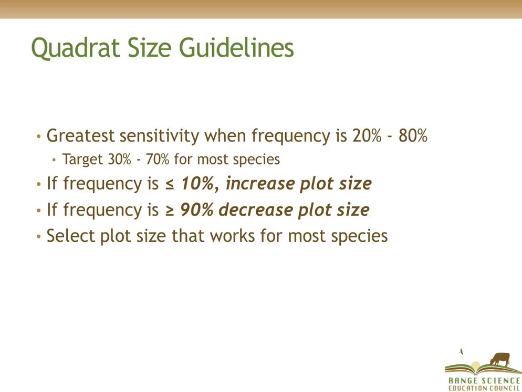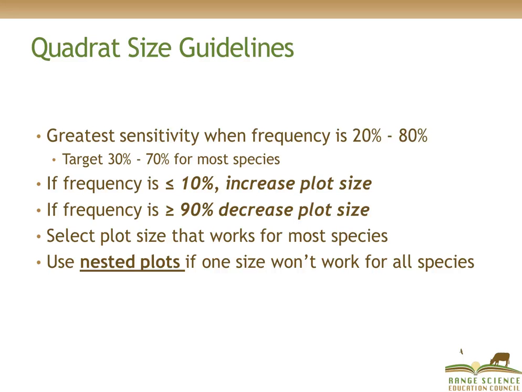I'm using these terms interchangeably. We use nested quadrats or nested plots when one size won't work for all species. And a discussion of how to select the appropriate quadrat size and how to determine when to use nested plots and how to do the calculations using nested plots is the subject of the subsequent lesson.